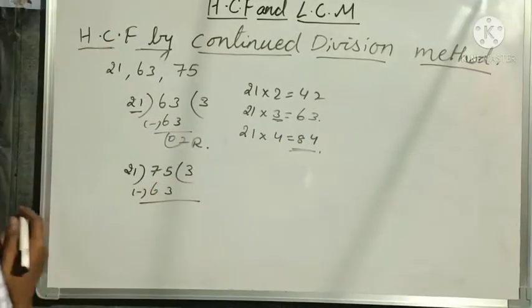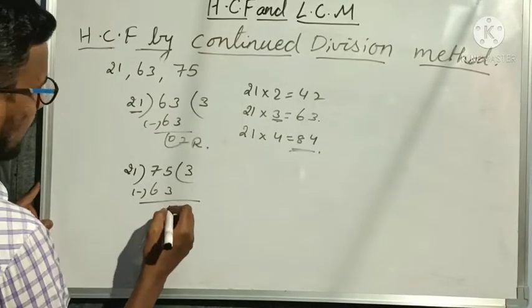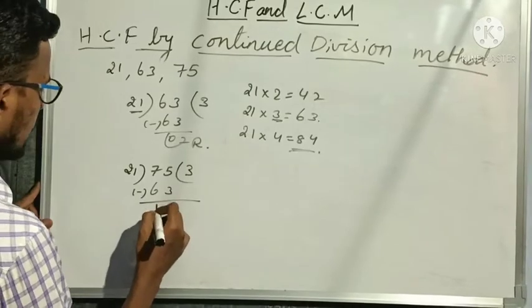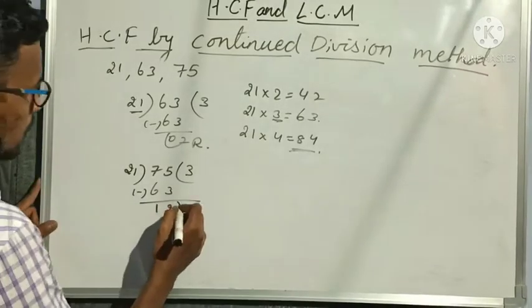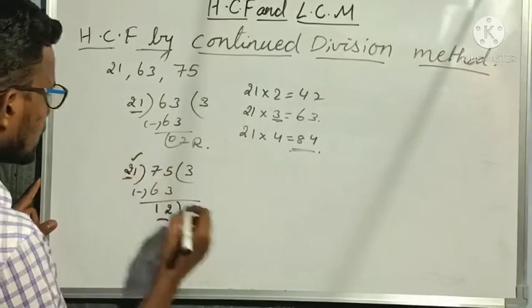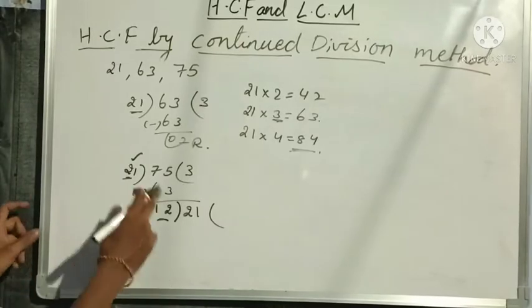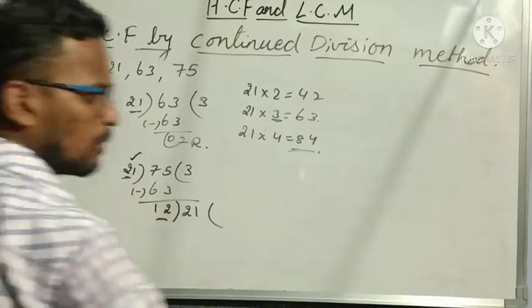Right? Subtraction. So 5 minus 3 is 2, 7 minus 6 is 1. So 12. So 12 now becomes the divisor, and 21, whatever the divisor is there, that becomes the dividend here. Understood everybody?